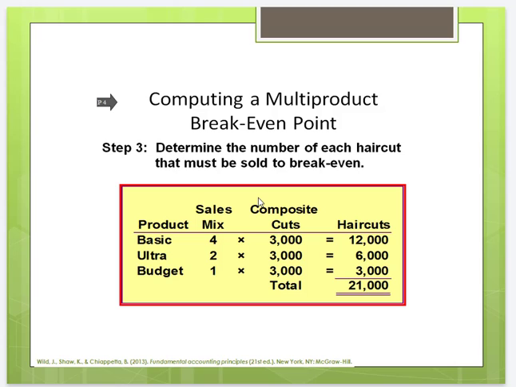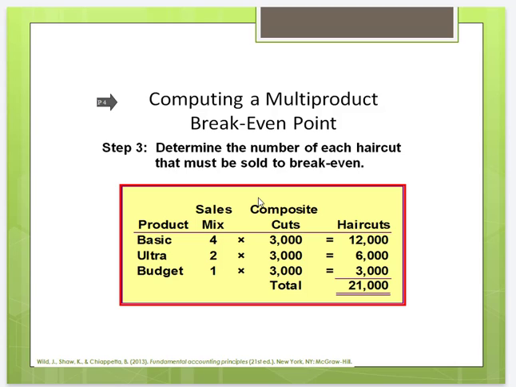Okay, so let's look at how that breaks down per product, or in this case, per service that we're selling. We know that within a composite unit, there are 4 basic cuts. So we're going to take 4 times the 3,000 composite units to equal 12,000 basic haircuts.